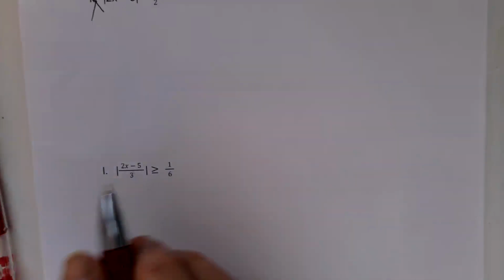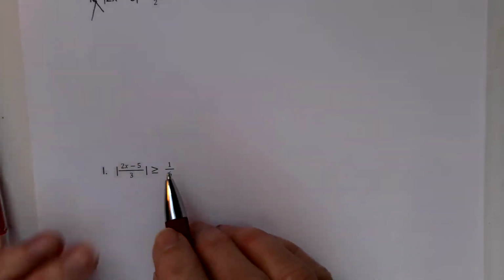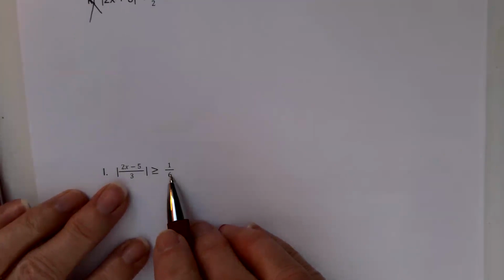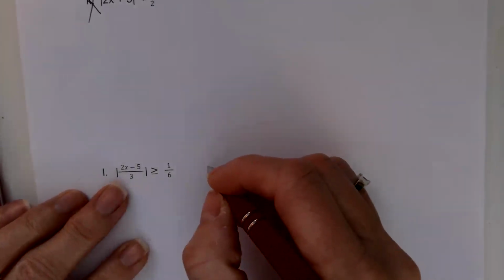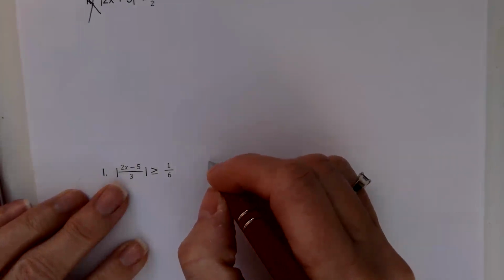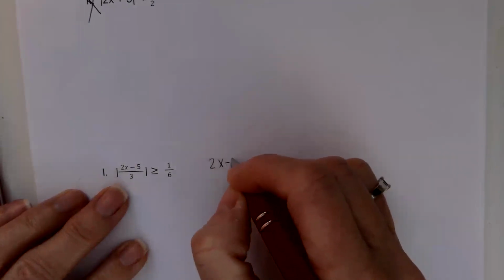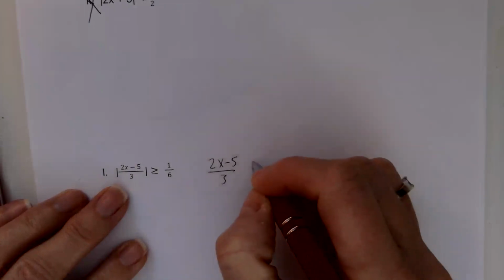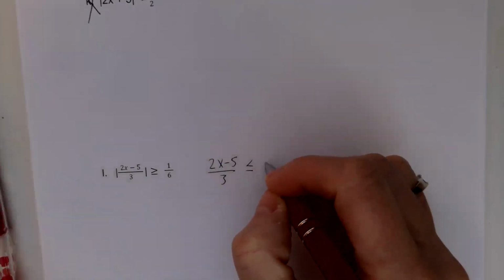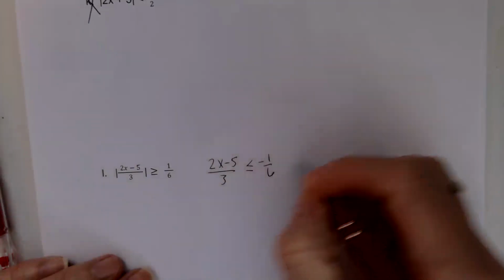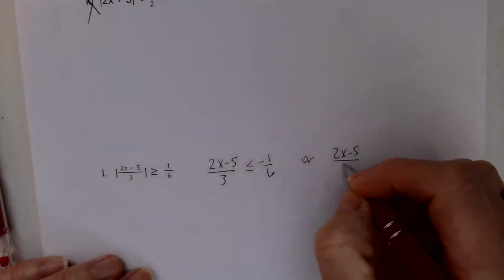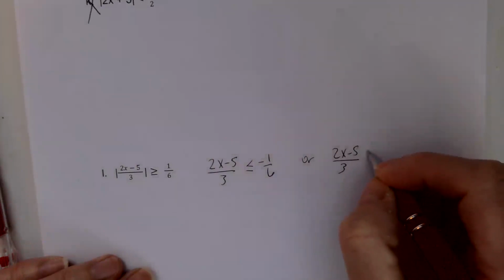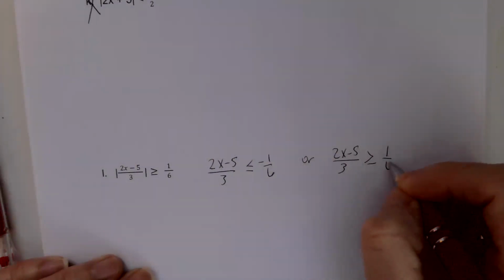So that means I am less than a negative 1/6 or greater than a positive 1/6. So 2x minus 5 over 3 is less than or equal to a negative 1/6, or 2x minus 5 over 3 is greater than or equal to a positive 1/6.